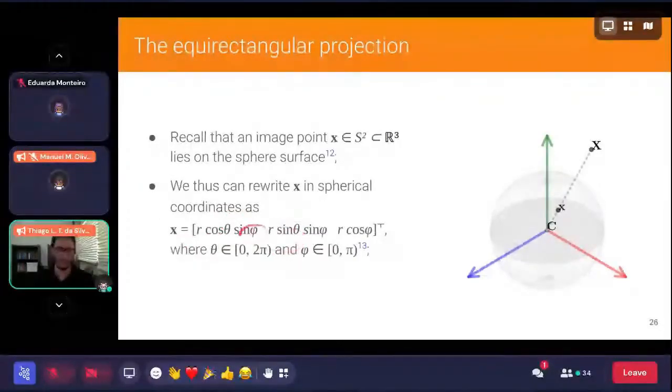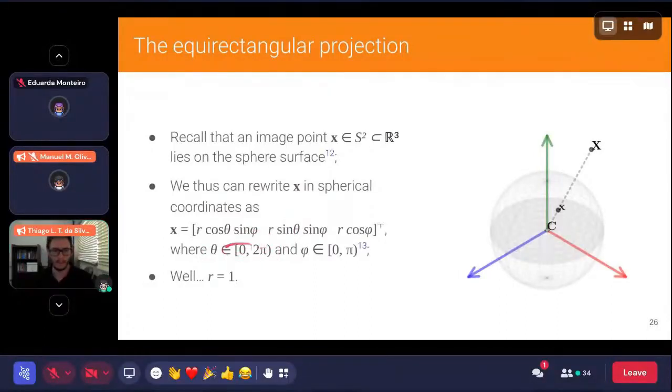So if we pay attention to this equation, we will see that this kind of mapping is straightforward, and that these points that lie on the surface of the sphere can be represented using only two-angle information, so two-angle coordinates.